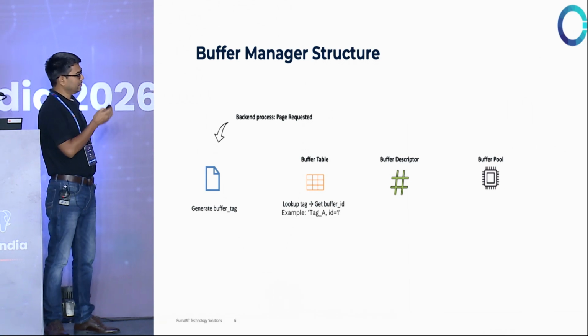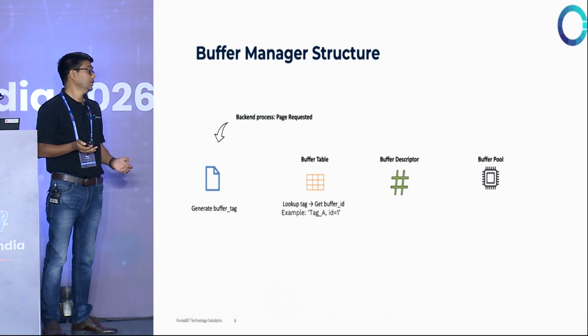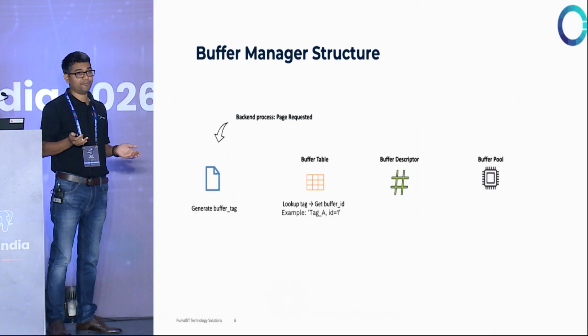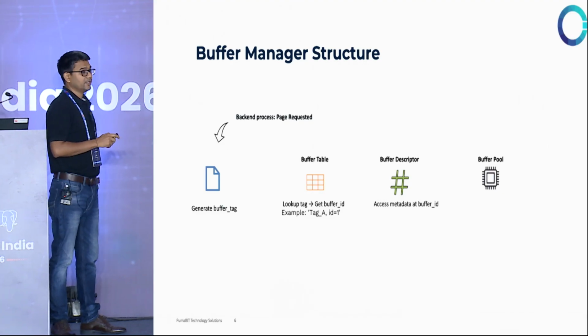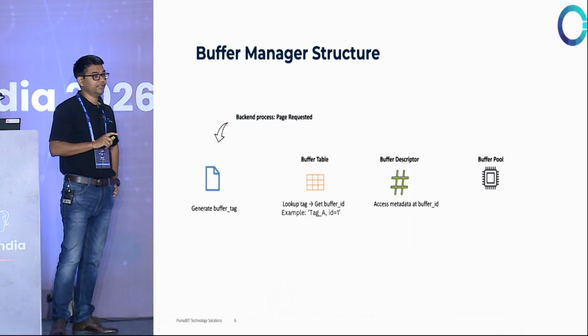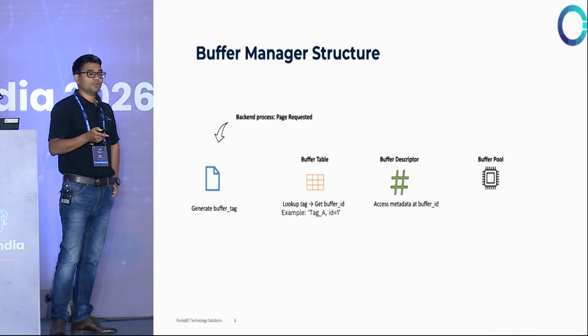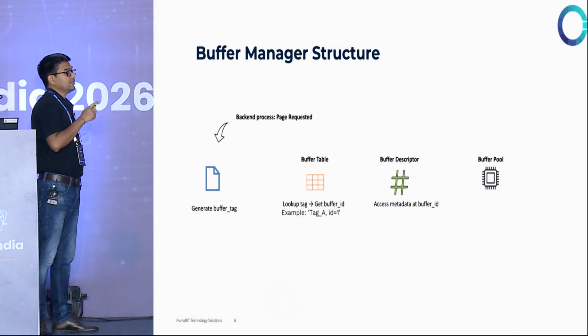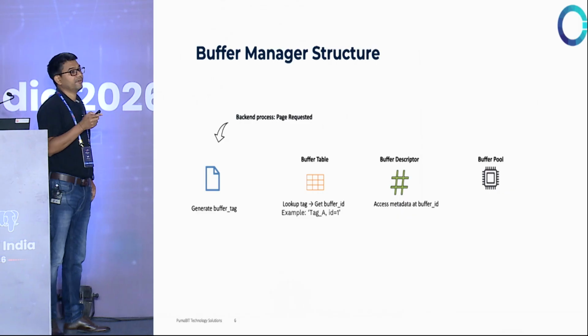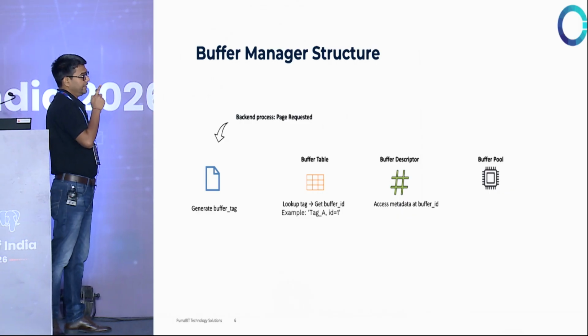That we'll see later, but the buffer table's work is to have the mapping of your buffer tag and buffer ID. The buffer descriptor will have the metadata of the buffer ID. It is not metadata about the actual data, the database or the table data. This is the metadata of what the buffer ID is and what the buffer tag is.